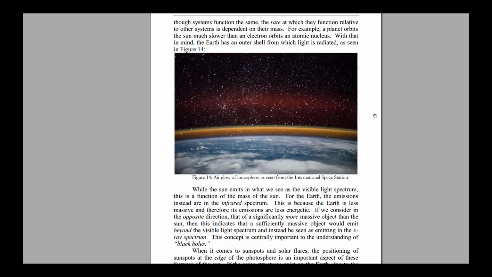If we consider the opposite direction, that of a significantly more massive object than the sun, then this indicates that a sufficiently massive object would emit beyond the visible light spectrum and instead be seen as emitting in the X-ray spectrum. This concept is centrally important to the understanding of black holes.